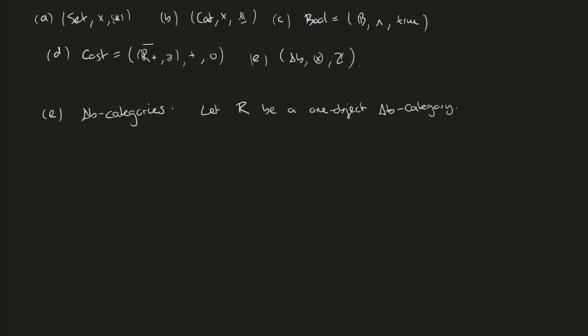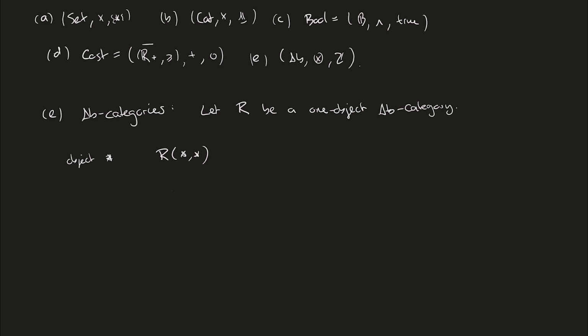So I'm going to denote the one object we have in R by star. So we have an object star, and then we need to have a Hom object for this object. So we just need R star star, since this is the only pair of objects we have in our category.